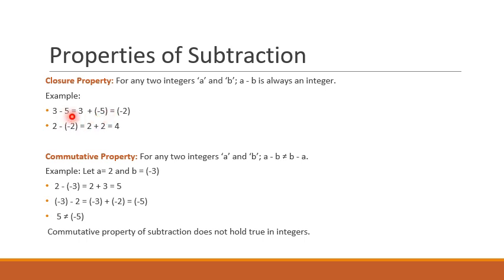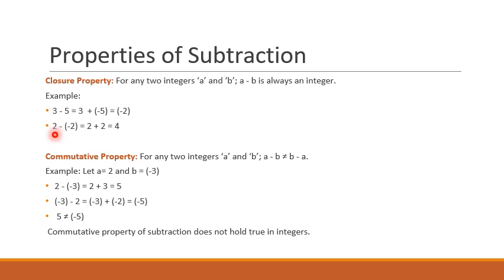So this will become 3 plus minus 5. So both the integers have opposite sign. So we subtract them and put the sign of bigger integer. So my answer will be 5 minus 3, 2, and it will have a minus sign because the bigger number here is having minus sign. So minus 2 is an integer only.